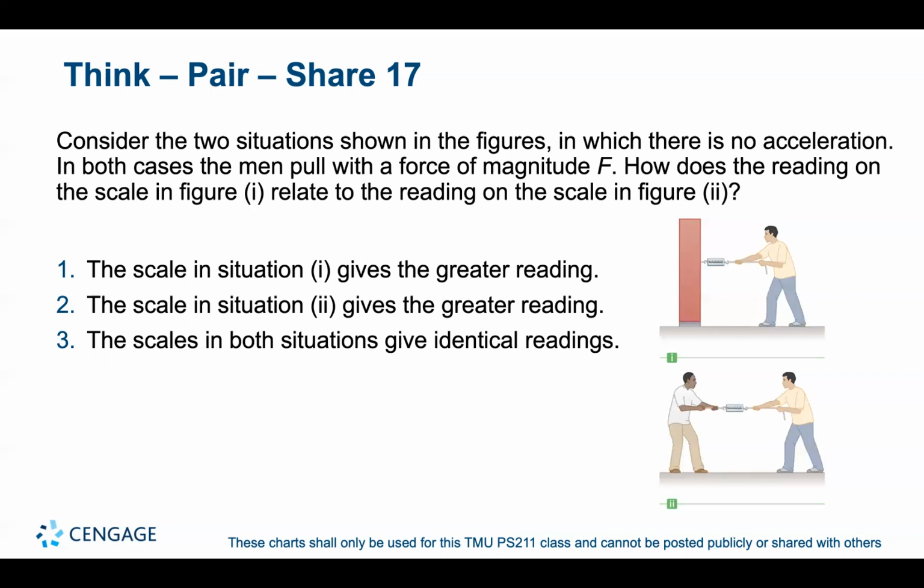In case 2, the person on the left can be modeled as simply holding the rope tightly while the person on the right pulls. Thus, the person on the left is doing the same thing as the wall does in case 1. The resultant scale reading is the same when there is either a wall or a person holding the left side of the scale.